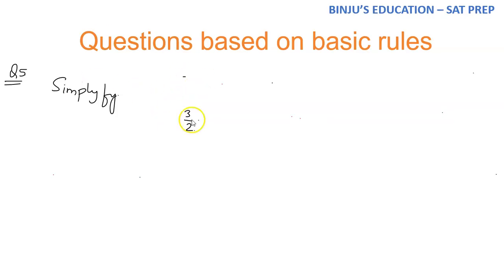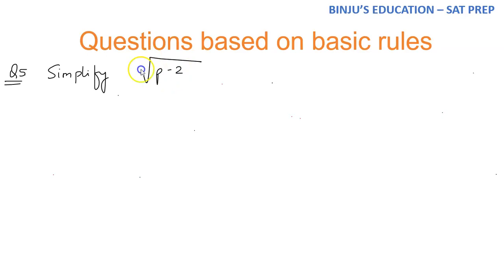Instead of giving you an expression like this, let me give you the expression as: simplify p to the power minus 2, cube root of that, divided by p cube, and square root of that. Simplify this expression. Okay, so let's see, we're going to take them one by one and decode them.